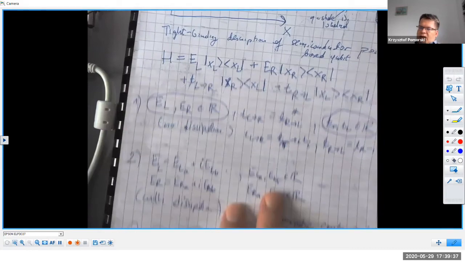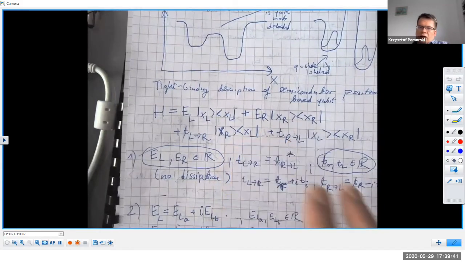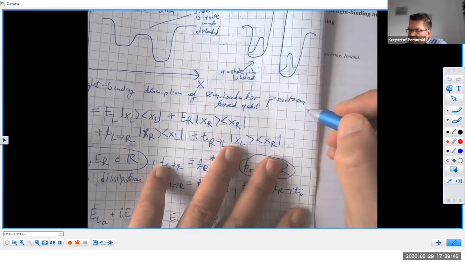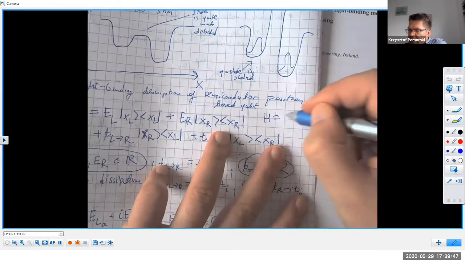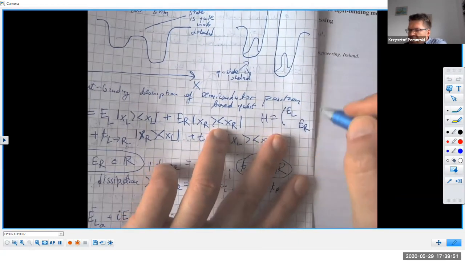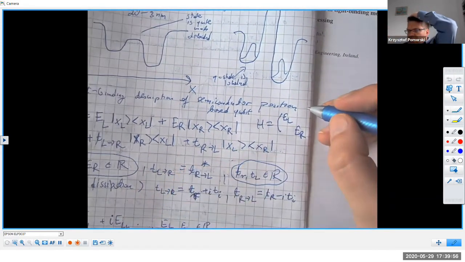All right, but let us first concentrate on this Hamiltonian. Maybe I will put it in such a way. Basically, we are dealing with such a matrix structure, and I cannot make a mistake.